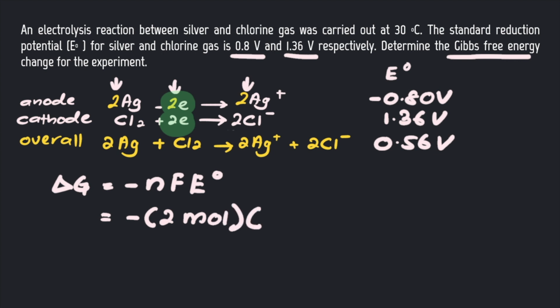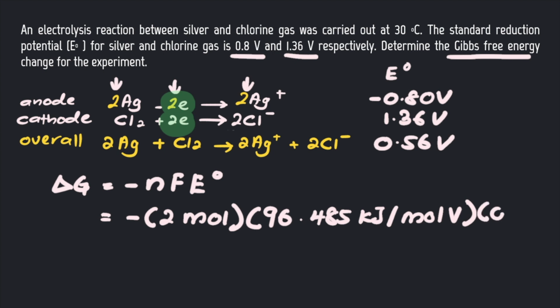And then the Faraday constant is equivalent to 96.485 kilojoule per mole per volt. Lastly, your E naught will be 0.56 volt, which is this value. From here, this is over volt, so you cancel this one, and this one is mole, this one is per mole.